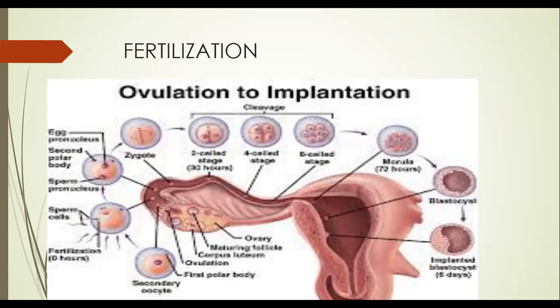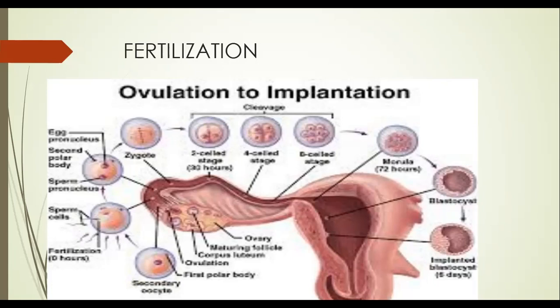Whereas from the mesoderm, CVS, kidney, bone, cartilages, muscles, adrenal glands, gonads, spleen, gut, pleura, peritoneal cavity, etc. form. And from the endoderm, the GIT, liver, bladder, epithelium, and urinary bladder develop.